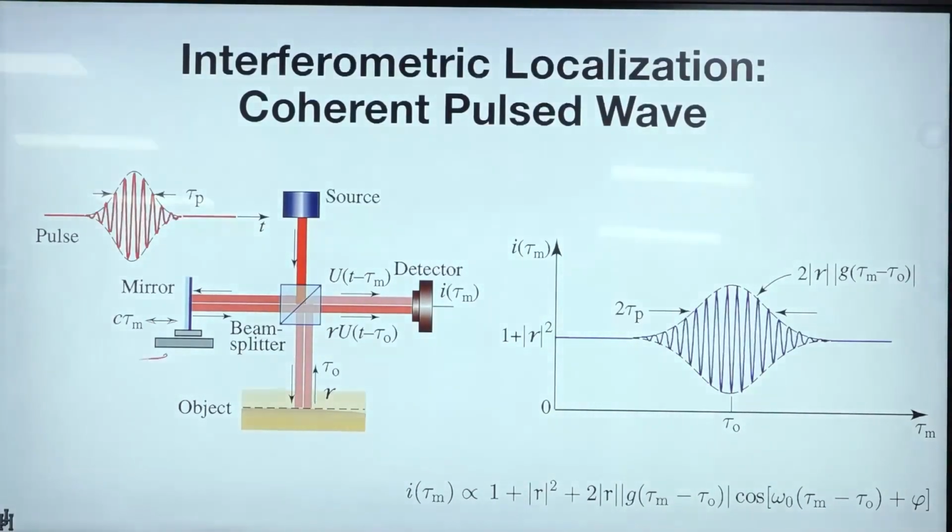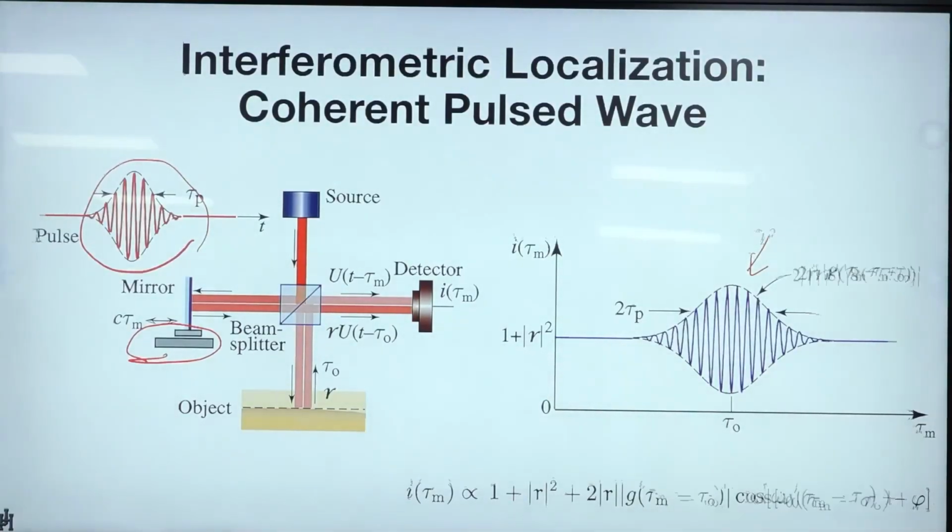As you move the reference mirror and make a measurement, you will see a pattern of this sort. This pattern is similar to the pulse of light that has come here.